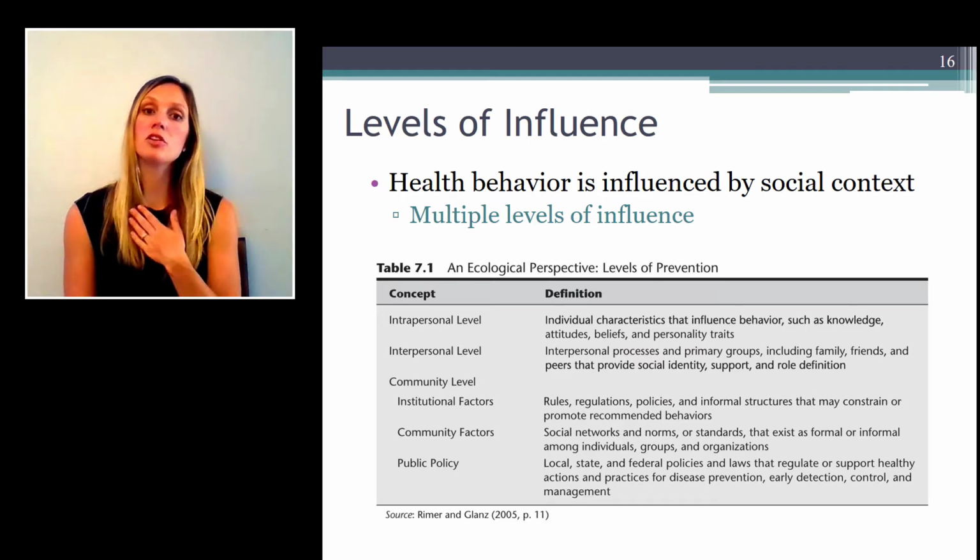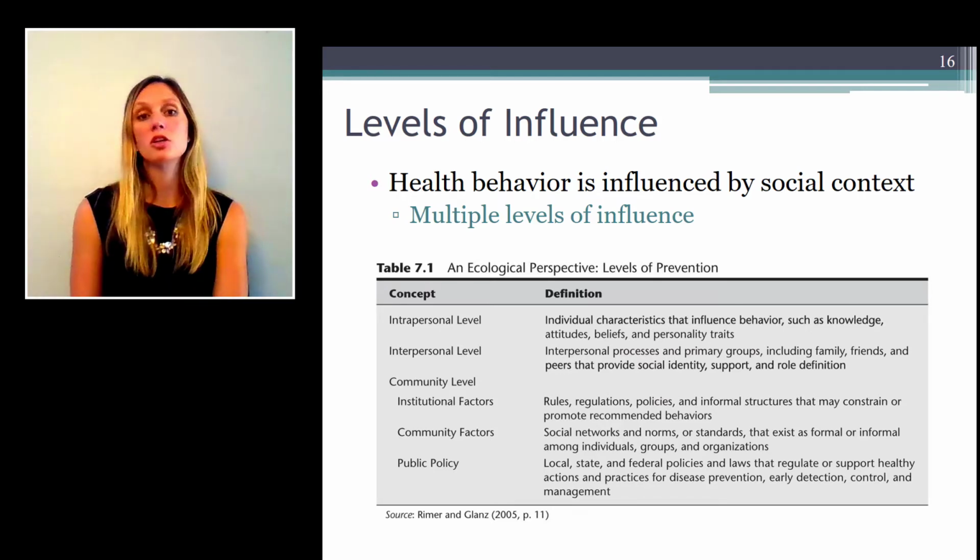So there are factors internal to an individual that determine whether or not a person engages in a behavior. Then there's interpersonal level factors, so these are relationships with other people that affect our behaviors. Then we have community factors and policy factors, and you can read each one in your book and on this slide. So each theory can be classified by a level of influence.